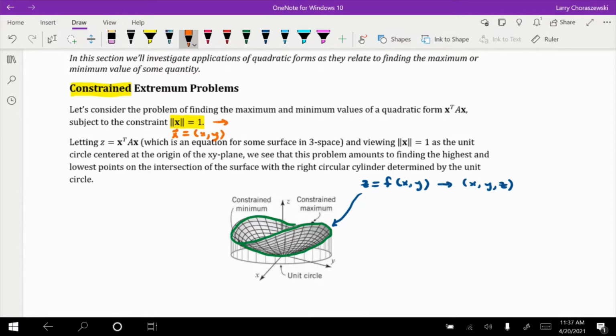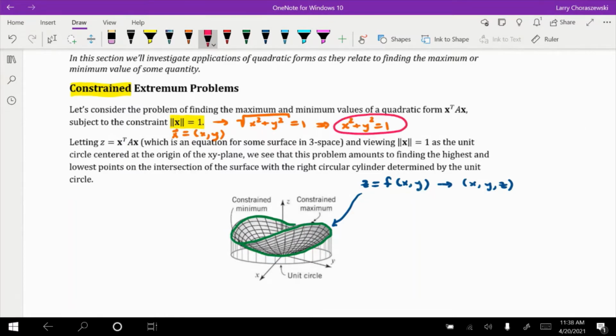To say that the norm of the vector is equal to 1 is to say that the square root of x squared plus y squared is equal to 1, which if you square each side, implies that x squared plus y squared is equal to 1.